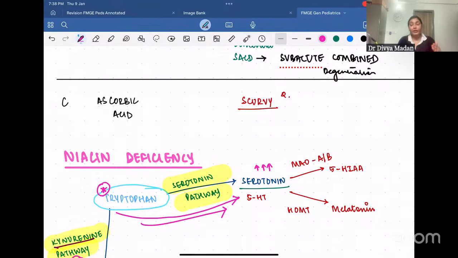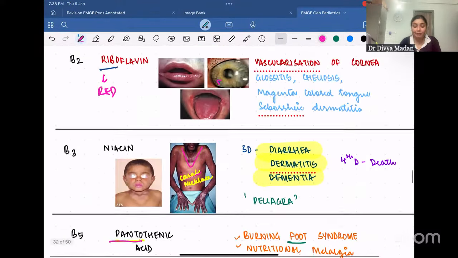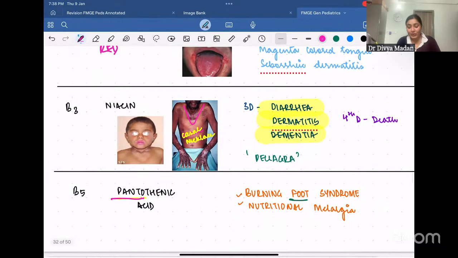Out of all of these water-soluble vitamins, the most important I feel for your exam, because a lot of questions have been asked repeatedly about this deficiency, is niacin deficiency. Remember niacin B3, the deficiency that causes pellagra, 3D disease, diarrhea, dementia, and dermatitis, Casal necklace, right?